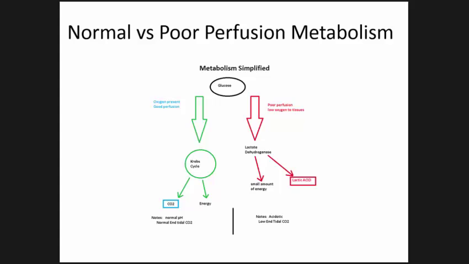Now, I heard in the last lecture you were talking about end-tidal CO2. It was very important. End-tidal CO2 is equally important with sepsis, but for a very different reason. But you'll be using that a lot. If you go to anaerobic metabolism, you'll notice that the perfusion is poor. There's low oxygen delivery to the tissues. You have LDH, which becomes lactic acid.